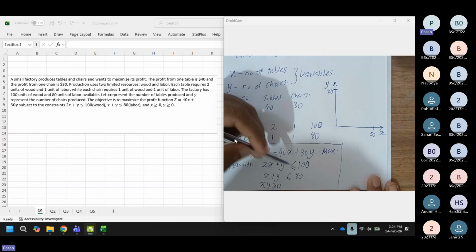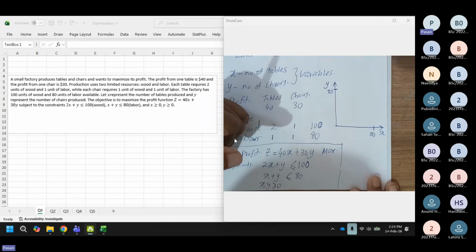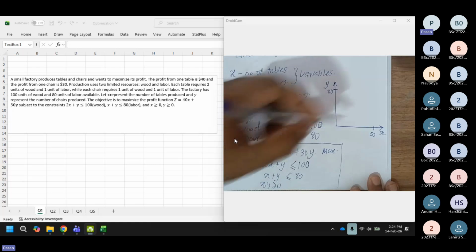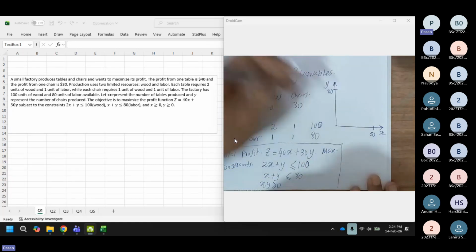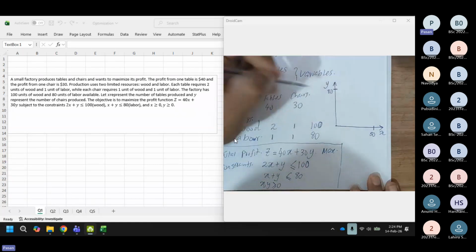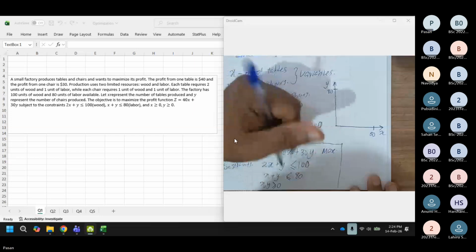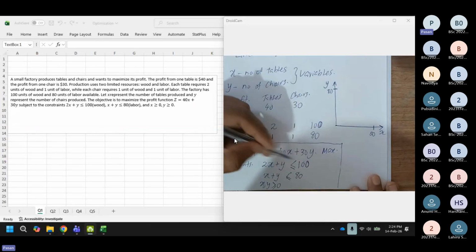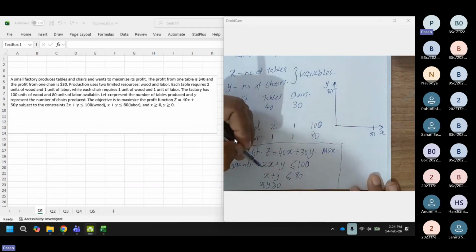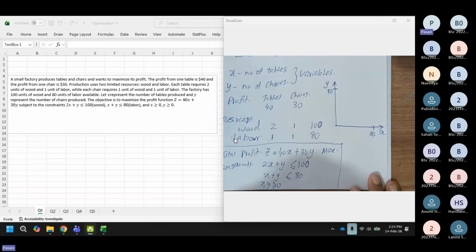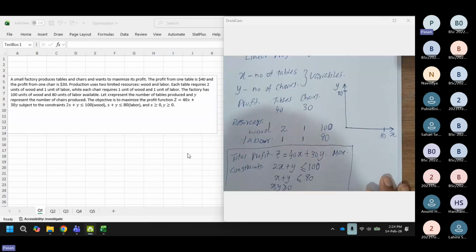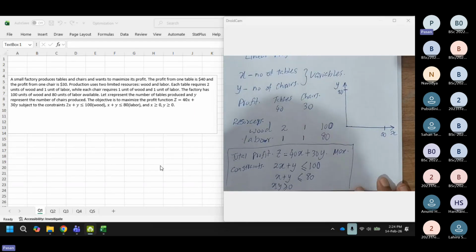If you look at these two constraints, now I can draw some lines here representing these constraints. So let's take the first one here, right? So this is the line. Give me a second.